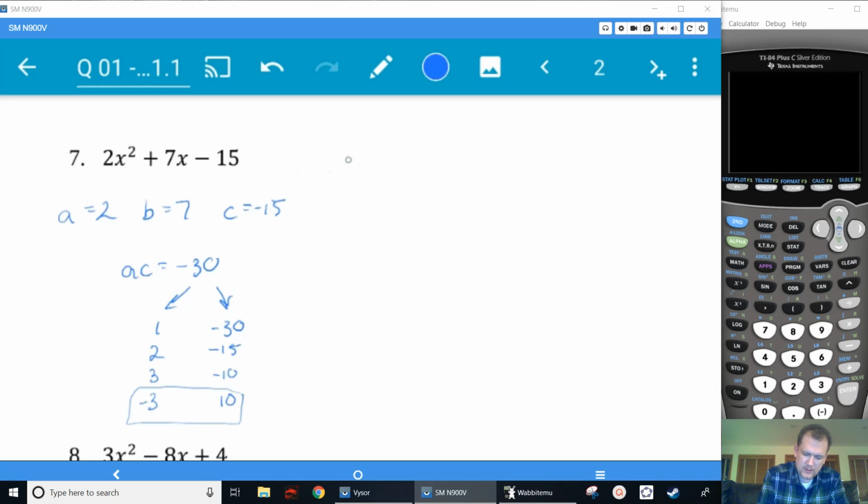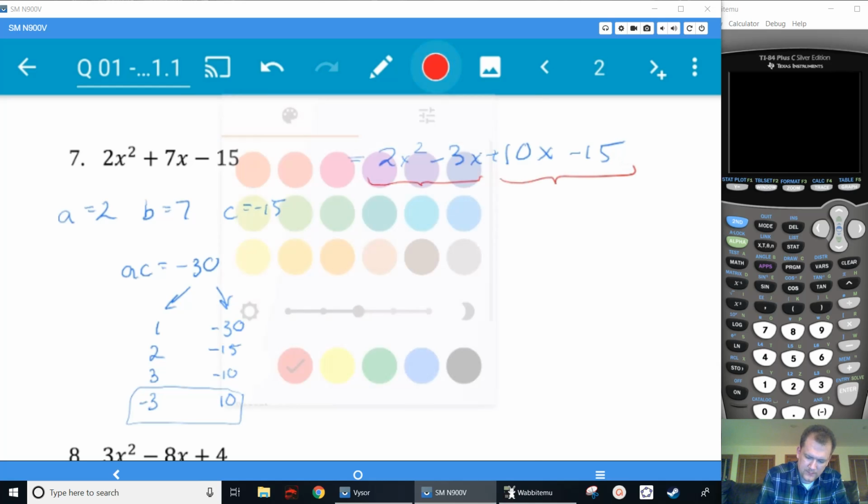So then we're going to decompose the middle term into minus 3x and plus 10x. Now we're grouping here, so we're going to treat this thing here as a unit and this thing here as a unit.